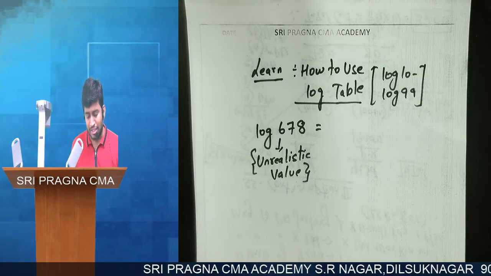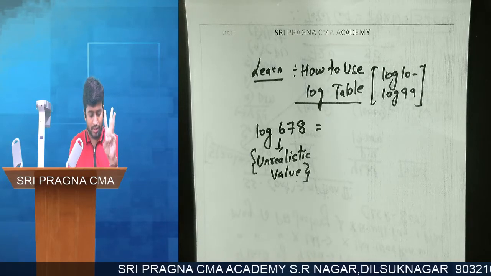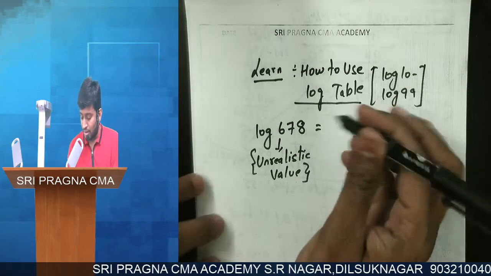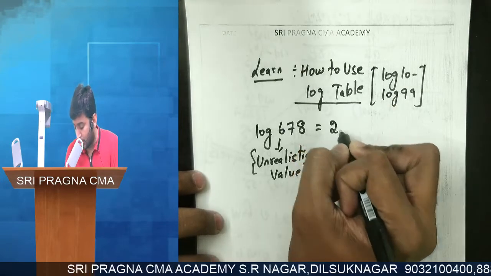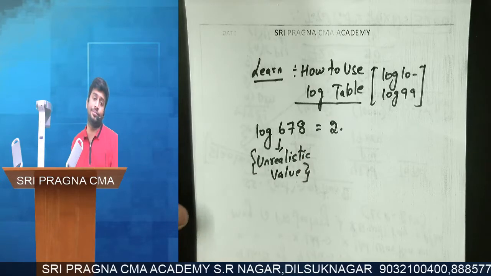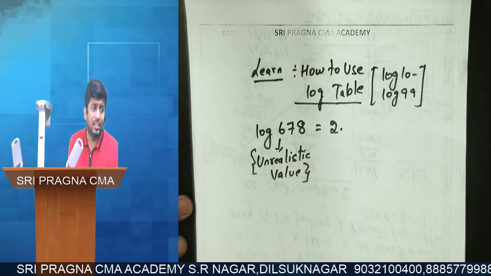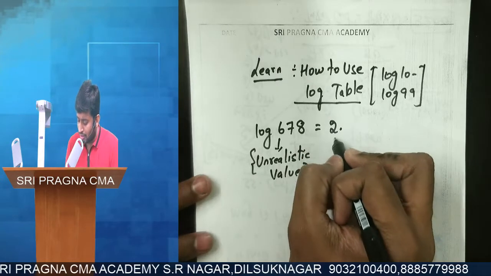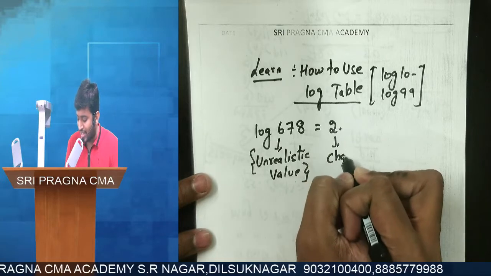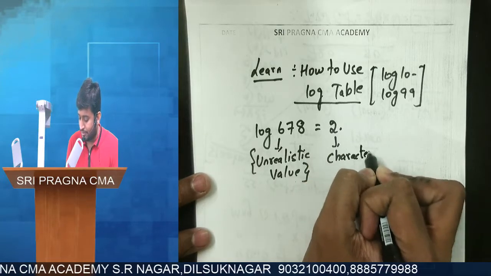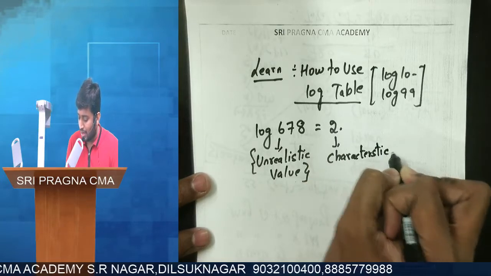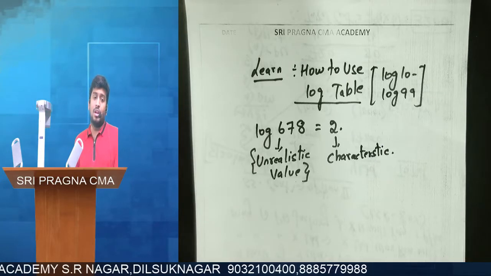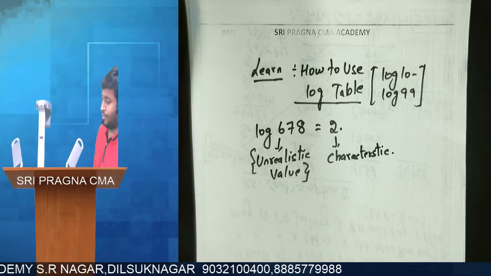How many digits? 3. 3 minus 1. We write 2 first, 2 dot. This 2 is called the characteristic.